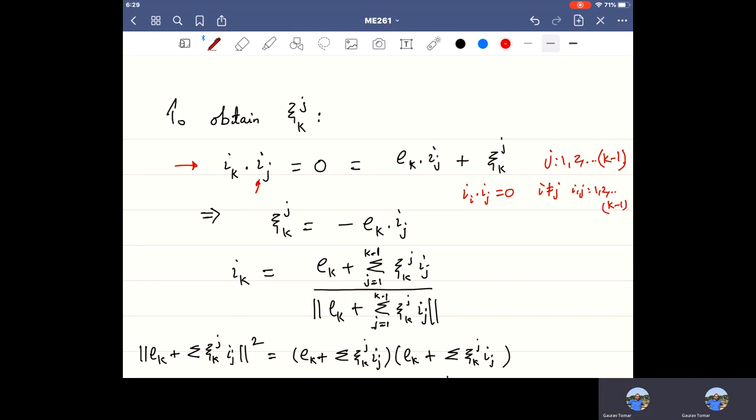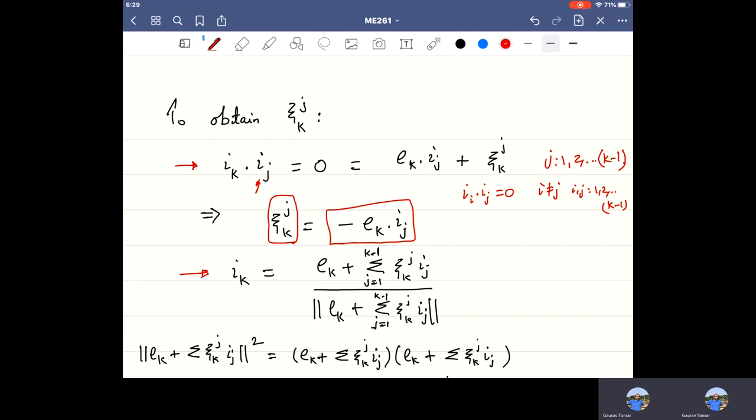In that case, you can directly compute this coefficient xi kj as minus ek dot ij, correct? So putting it together, now that you have found xi k, ik looks like this.